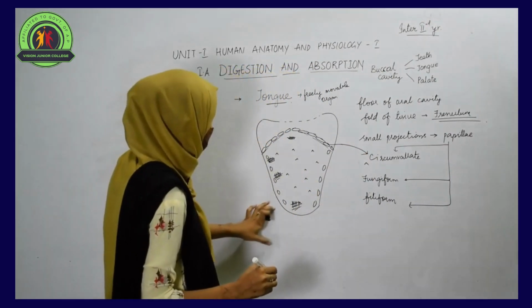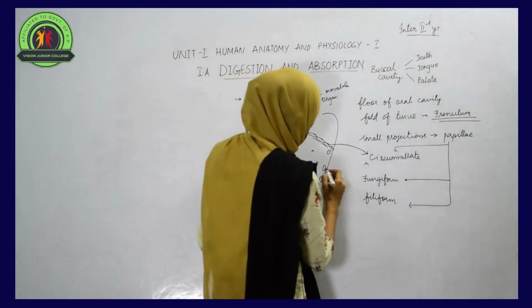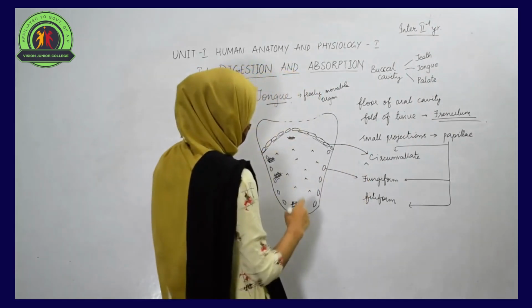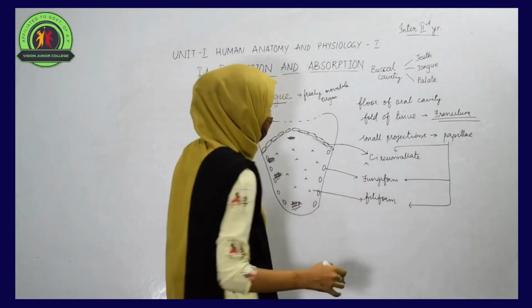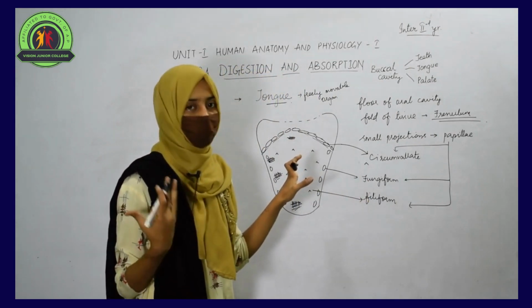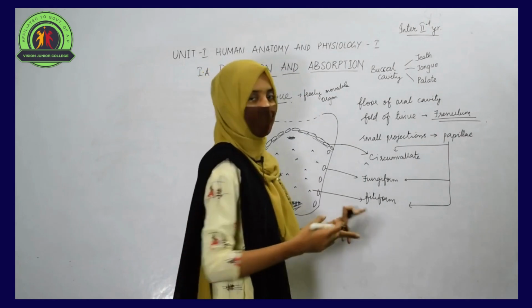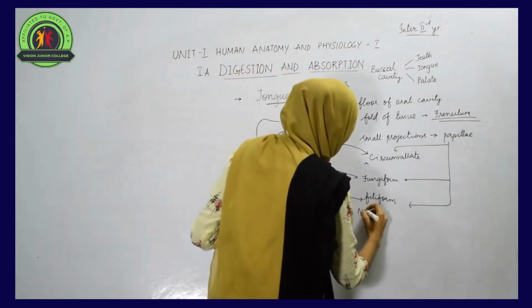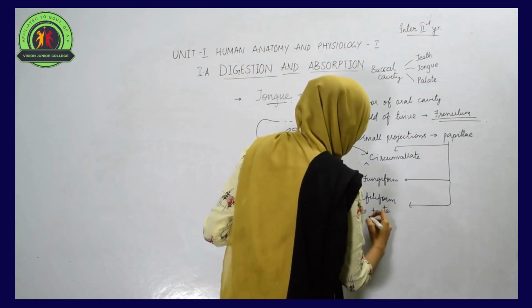At the edges of the tongue you can see the presence of fungiform papillae, and in the middle region of our tongue filiform papillae are present. These different papillae bear different taste buds, but filiform papillae are smallest and they do not have any taste buds.